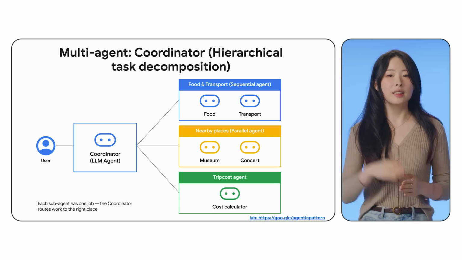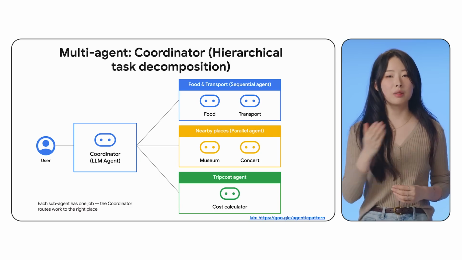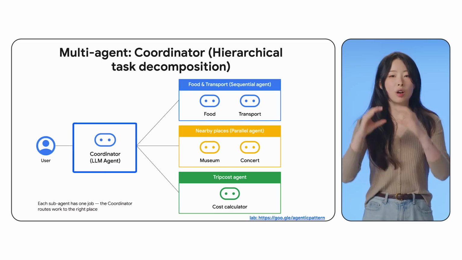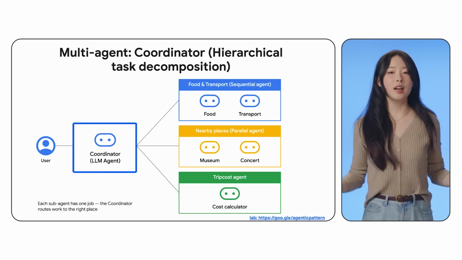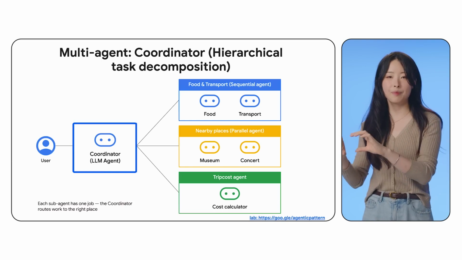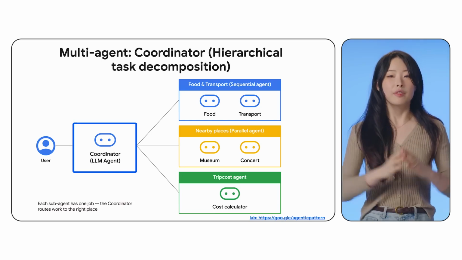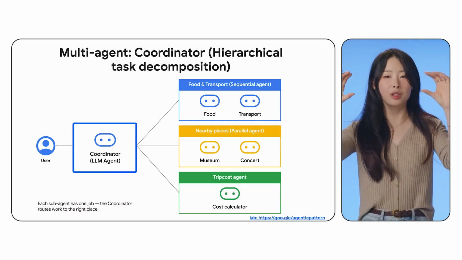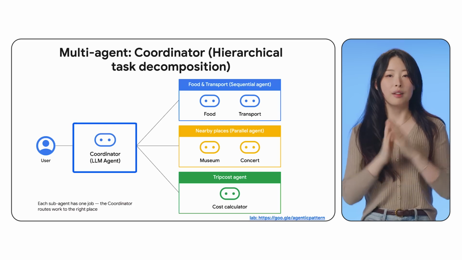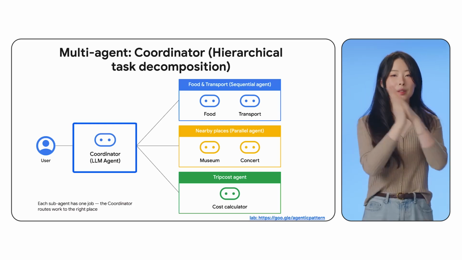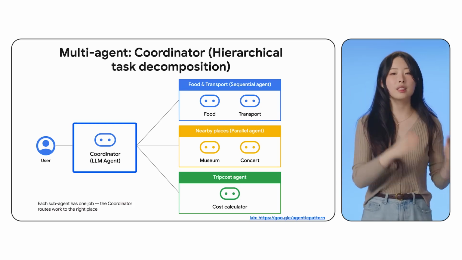And let's take a look at this example with hierarchical task decomposition. This is where a coordinator breaks a large task into smaller subtasks and delegates those to the other agents. Imagine we have a top-level coordinator agent, and the job is to plan a full experience. And below it, we have specialized sub-agents.